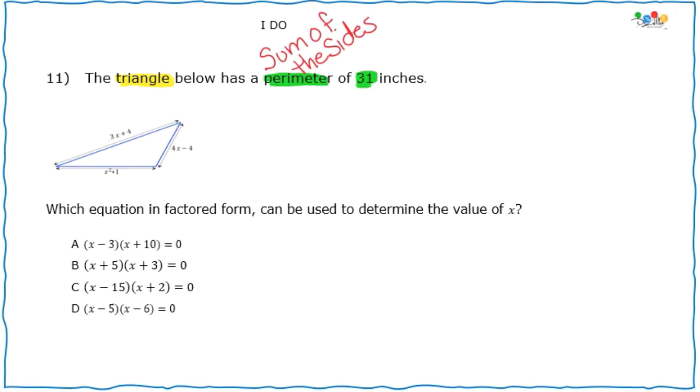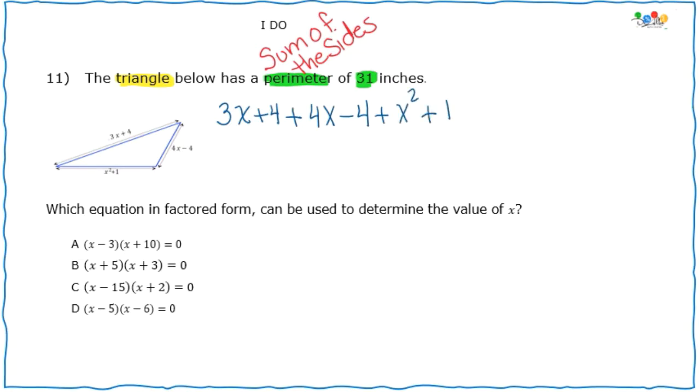So I'm going to write down 3x plus 4. That's one side, right? The second side is 4x minus 4. So I'm going to need to add that to my expression. The third side says x squared plus 1. So I need to add up that one as well.